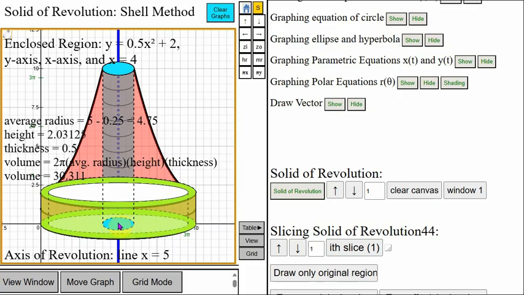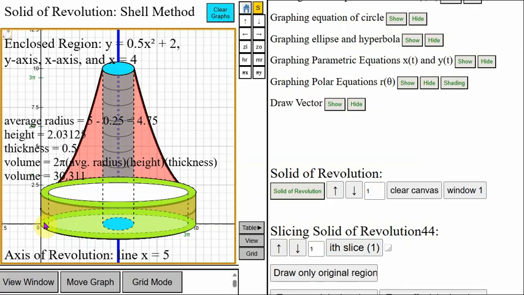Notice that the inner radius is from the axis of revolution, the line x equal to 5, to here. Right here, this is 0.5, and so the inner radius will be 4.5. And then the outer radius is from here to here, which is 5.